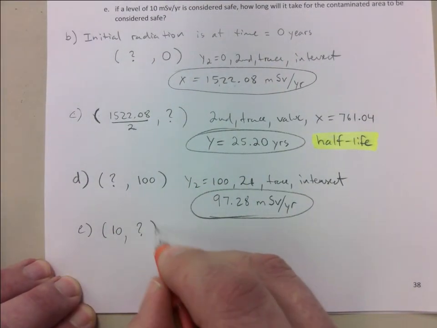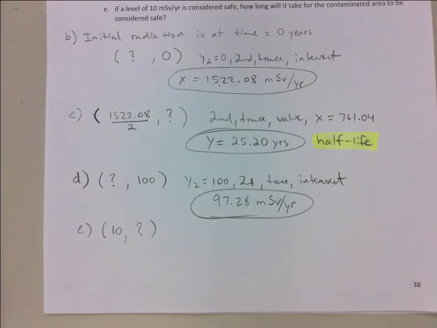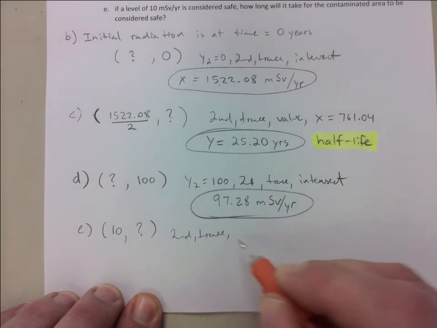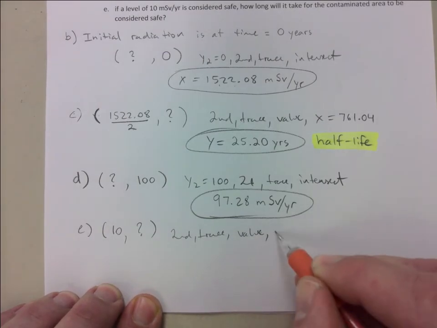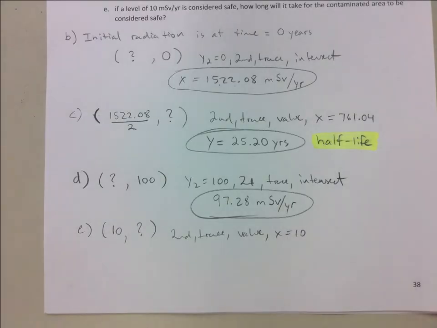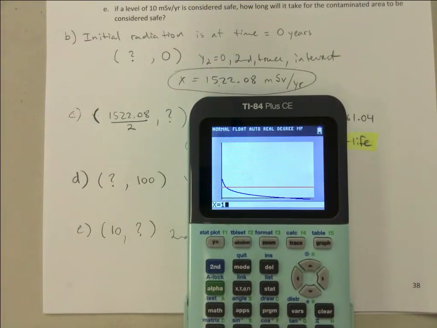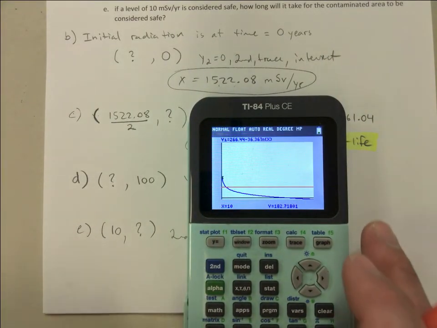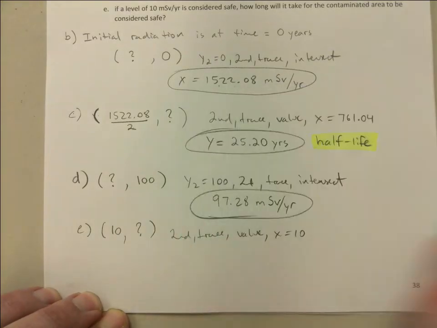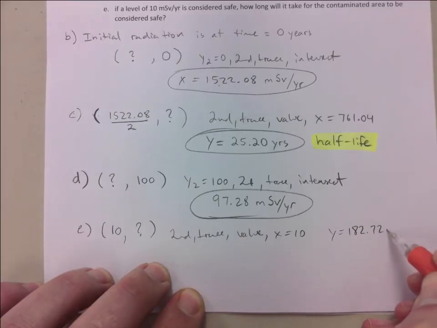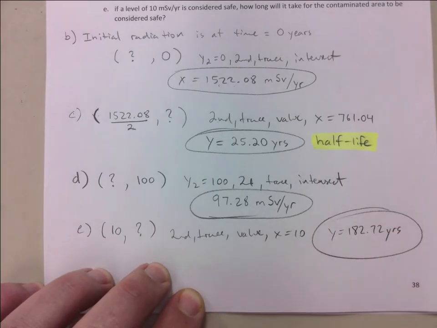How long will that take to get to 10? So this is second trace value, x is equal to 10. It's 182.72 years. That's how long it will take for it to be safe.